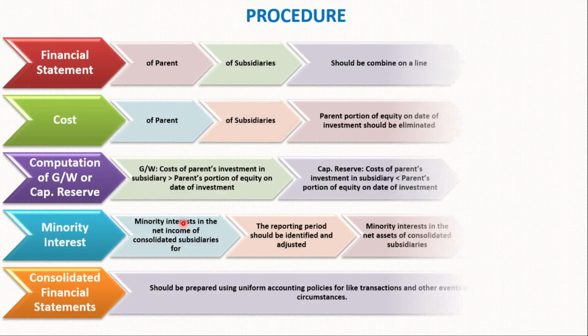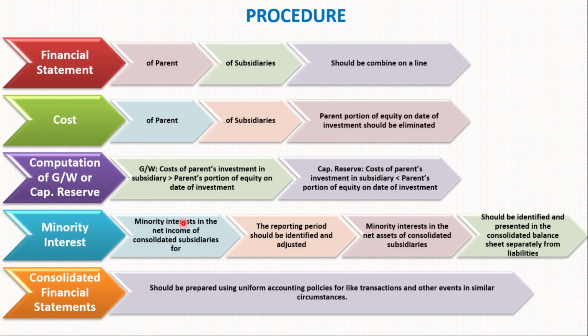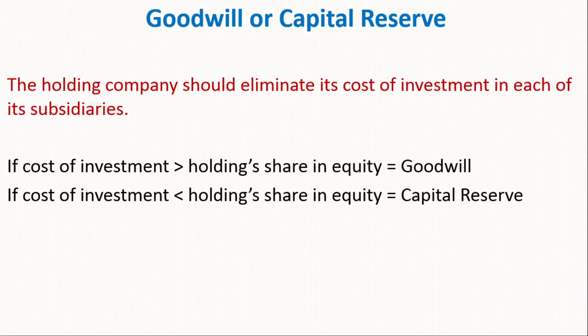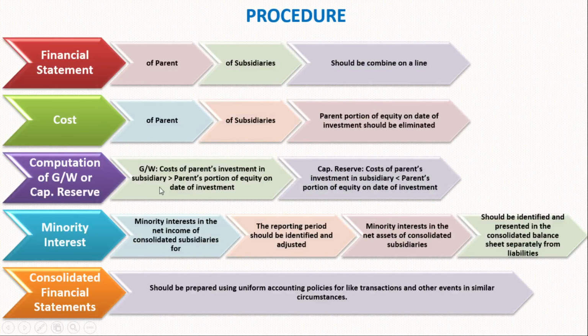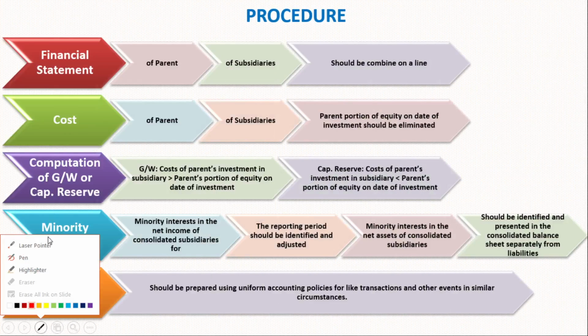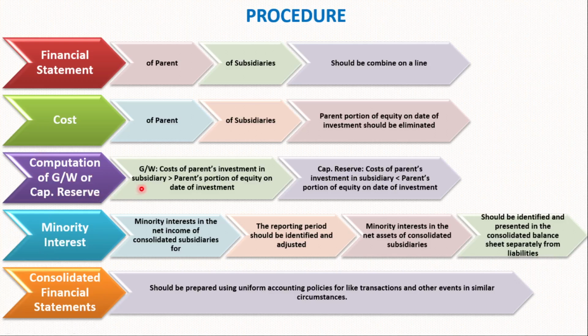So this is the procedure of consolidated financial statements. As I earlier mentioned, if the cost of investment is greater than the holding share, it equals goodwill, and if the cost of investment is less than the holding share in equity, then there is a capital reserve. So this is the complete, clear case. You can see here the computation of goodwill or capital reserve. Minority interest, I have already explained the definition.